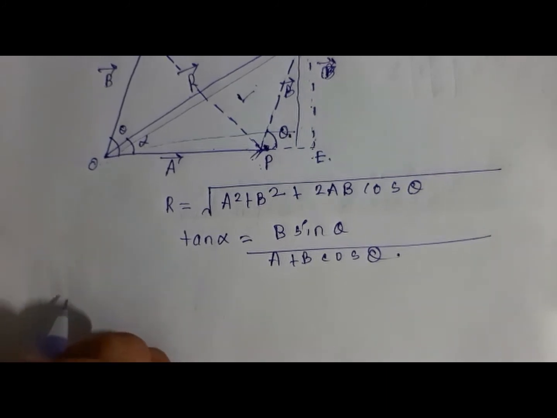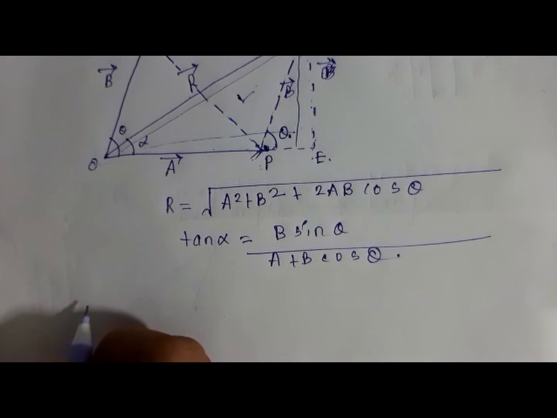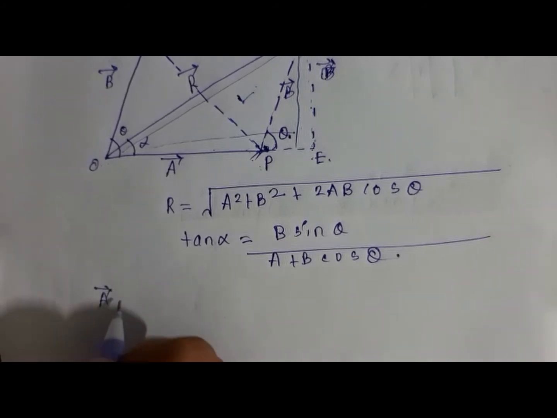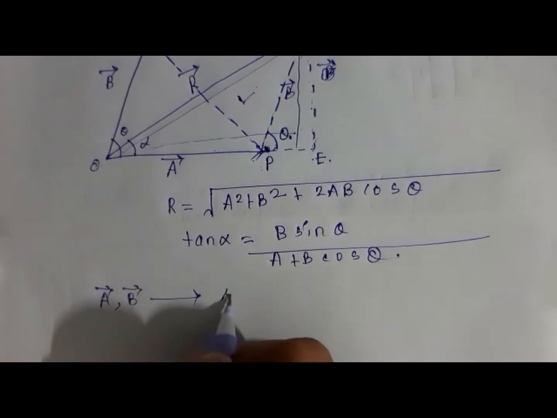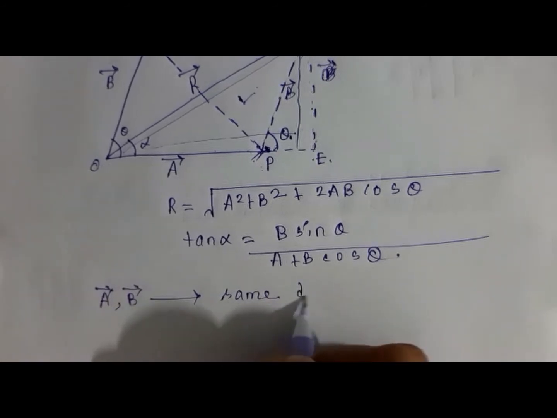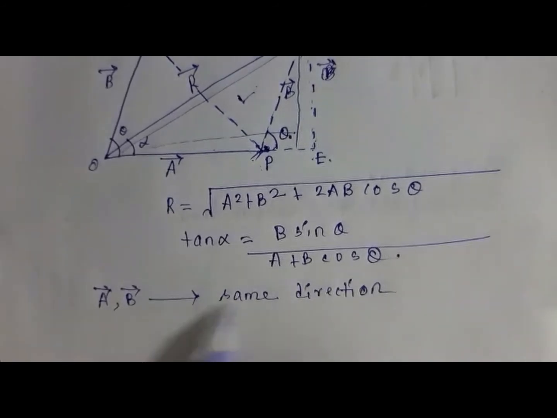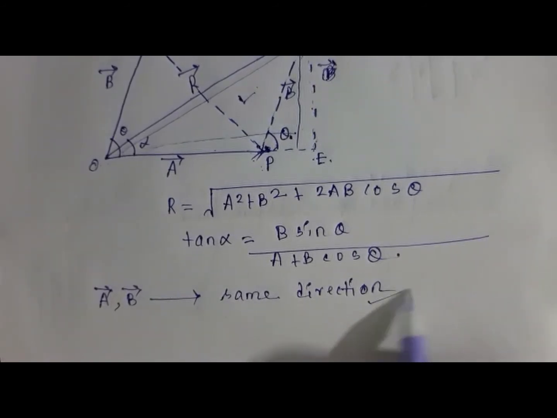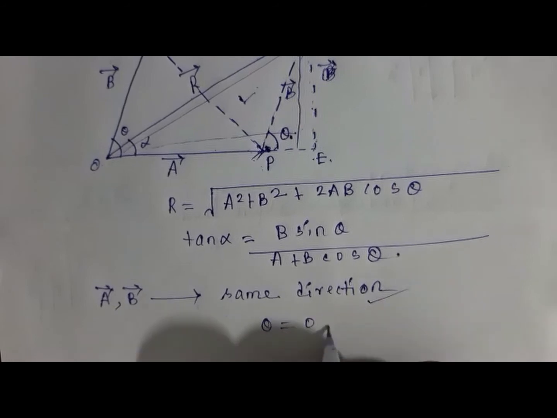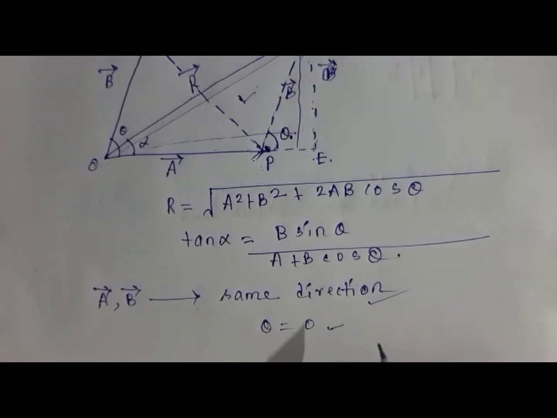Now there are certain special cases. What are the special cases? If your A vector and B vector are in the same direction, that means theta is going to be 0.